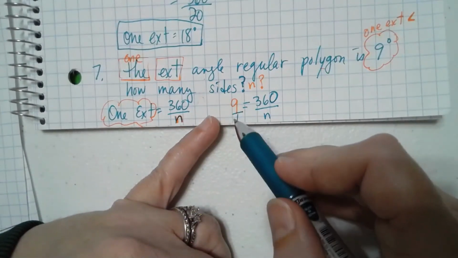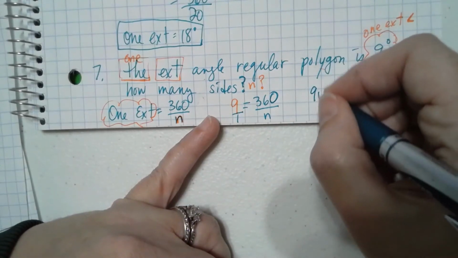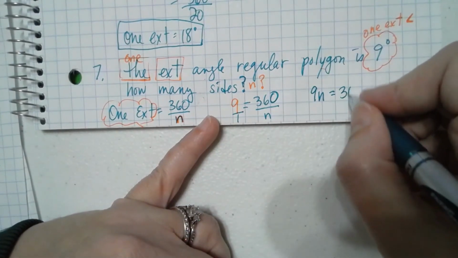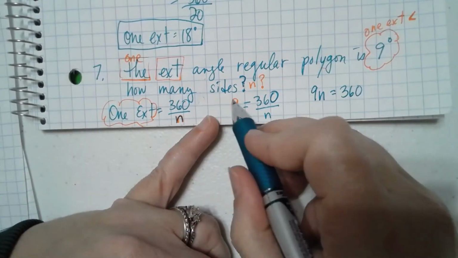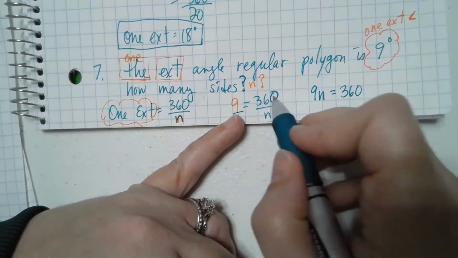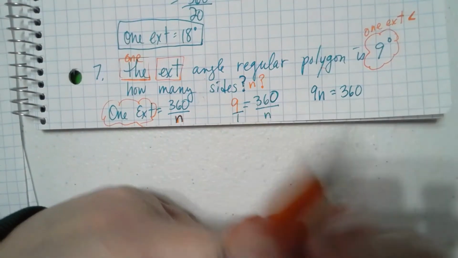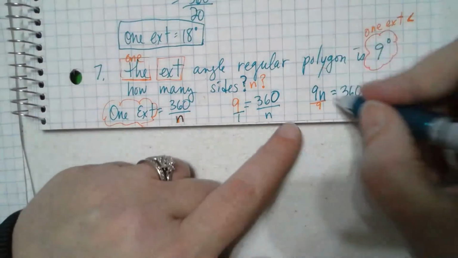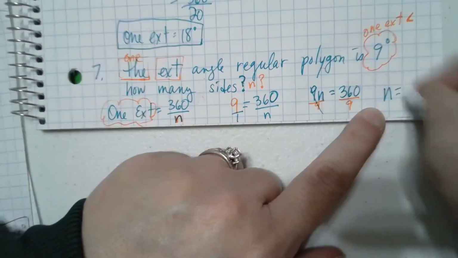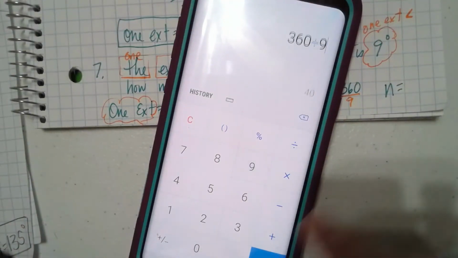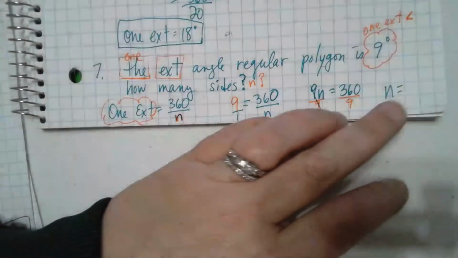Put 9 over 1. 9 times n equals 1 times 360, a little butterfly method, right? 9 times n, or the opposite of divide is multiply, so multiply that n over to the other side. And then we want to get rid of the number in front of n, divide by 9, n equals 360 divided by 9, 40.